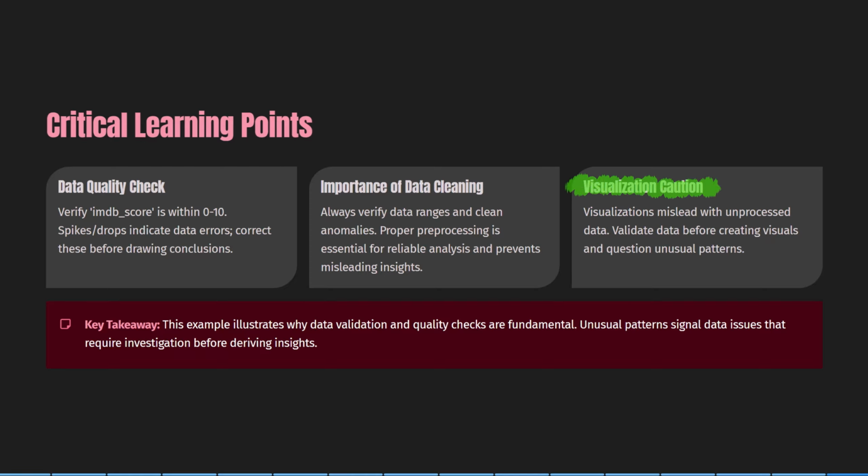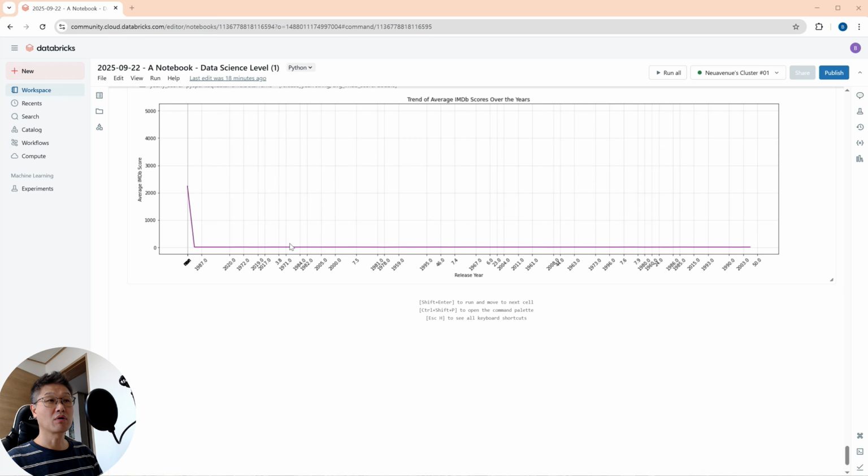Visualization caution: these visualizations are powerful but can be misleading if data is incorrect or unprocessed. In practical business analysis, always check your data range before plotting and modeling. Look out for outliers or spikes that don't make sense. They might need correcting or removing.